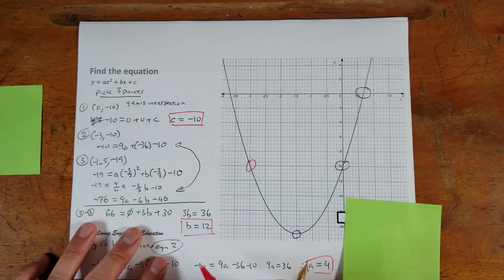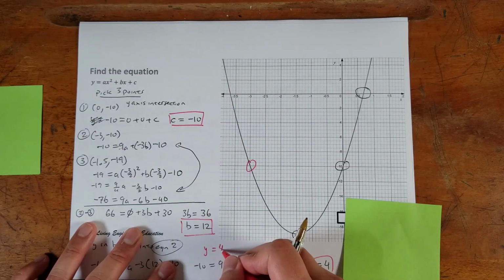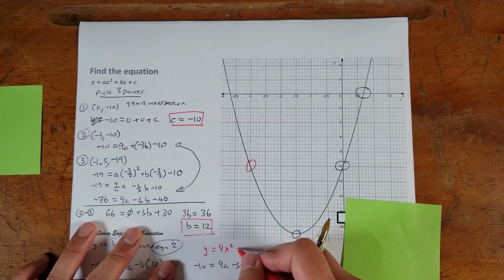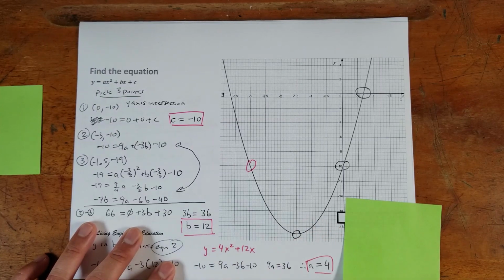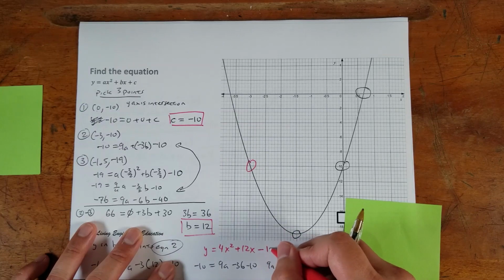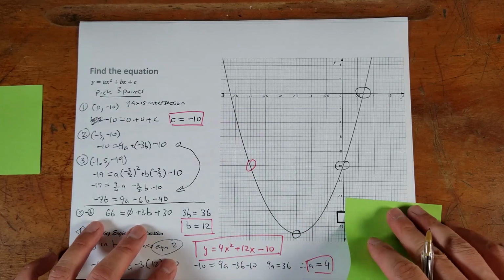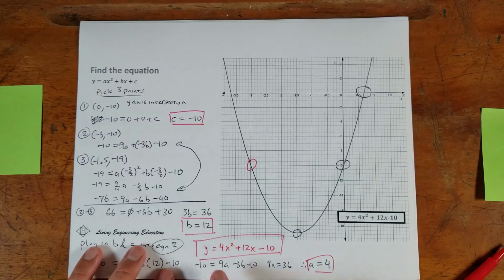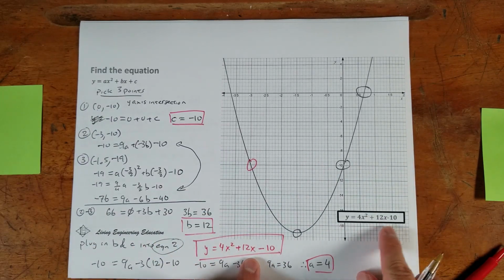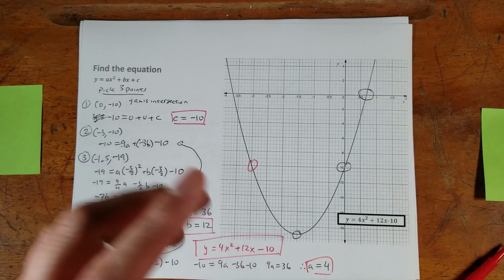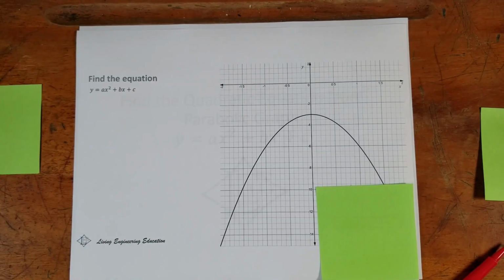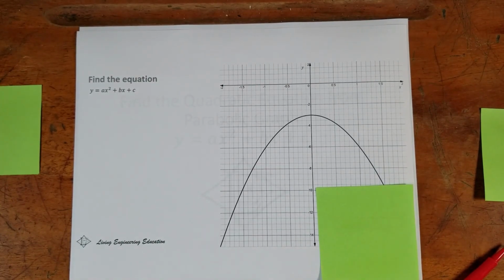So if we plug this into our quadratic equation, we get y is equal to ax squared, so 4x squared, plus bx, so plus 12x, plus c, minus 10. Let's see if this one worked out correctly. We got 4x squared plus 12x minus 10. Great.